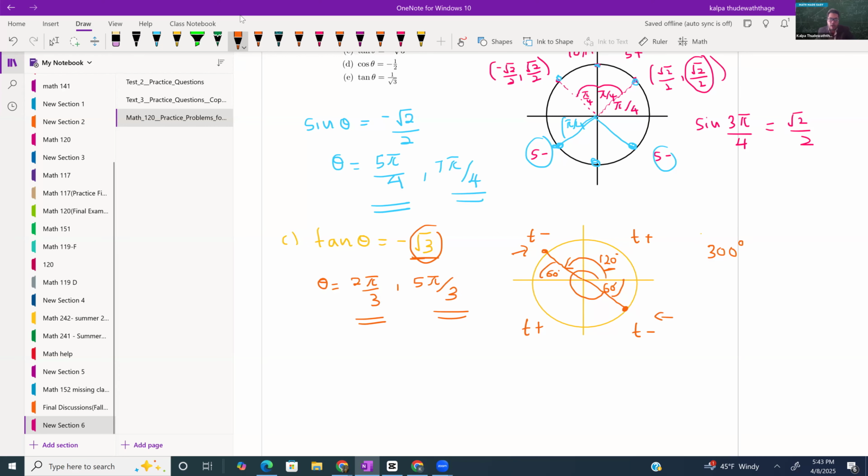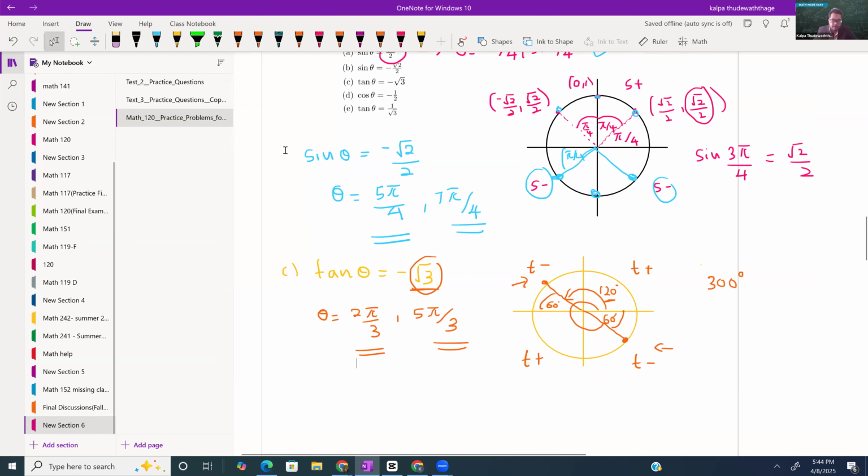So these are the two angles. The first one lies in the second quadrant. The second one lies in the fourth quadrant. Both give you the reference angle 60, which means we know tan 60 is root 3, but because the two angles lie in the second and fourth quadrants, it gives me negative root 3. Okay.